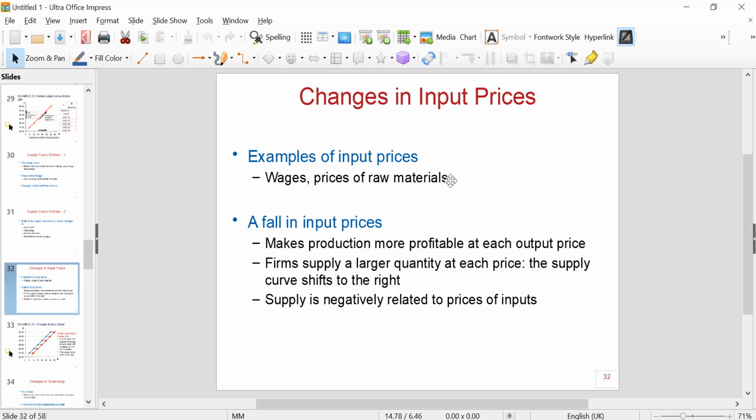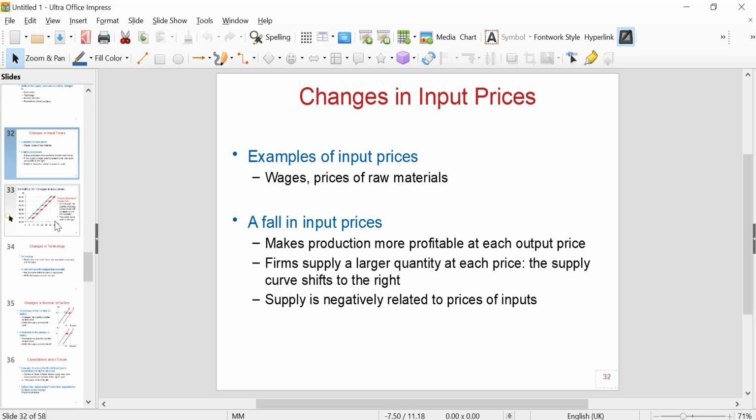So these are input prices. If these prices change, the supply curve shifts to the left or right. For example, if there is a fall in input prices, we usually expect this product to be more profitable to produce, so the suppliers start producing more. That means at each price there is more supply of this product.